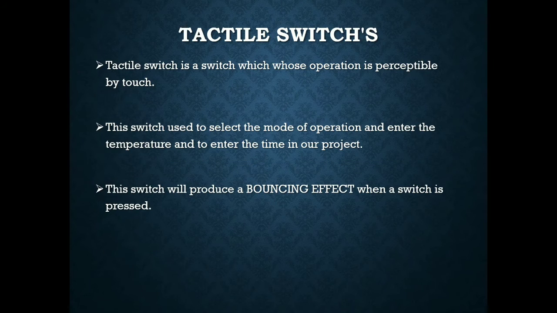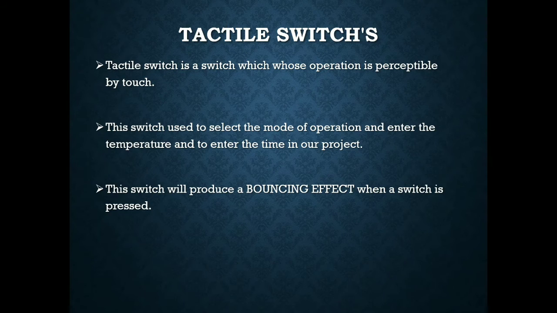The next component is the tactile switch. Tactile switches are those switches which operate when we touch them, like their operation is perceptible by touch. This switch is used to select the mode of operation and to give input, that is, to either input the temperature we require or enter the time in our project.